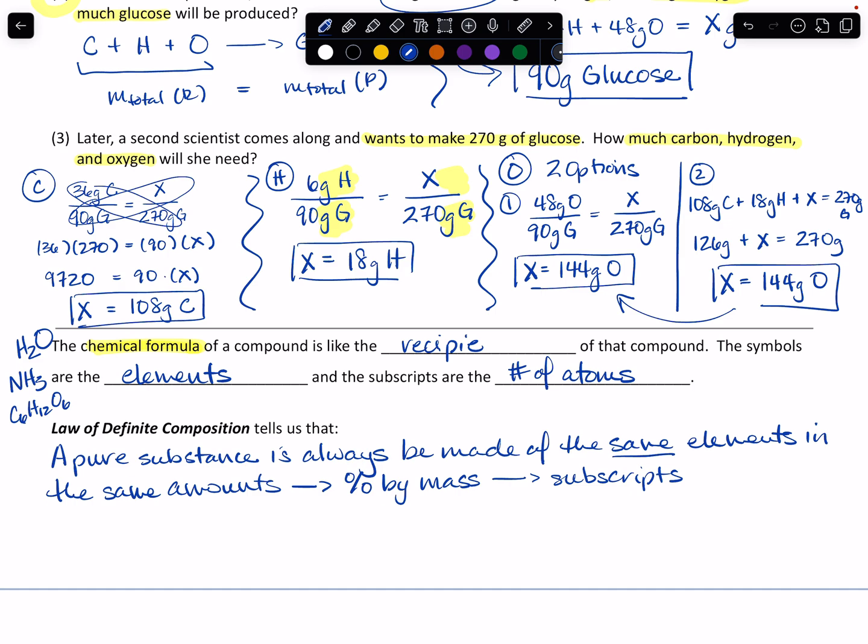All right. So that definite composition was a clue for early scientists on whether they had a compound they'd already seen before, because they matched in terms of their percentages, or something completely new. So being able to calculate and use percentages is going to be a very important part of understanding how to apply the law of definite composition.